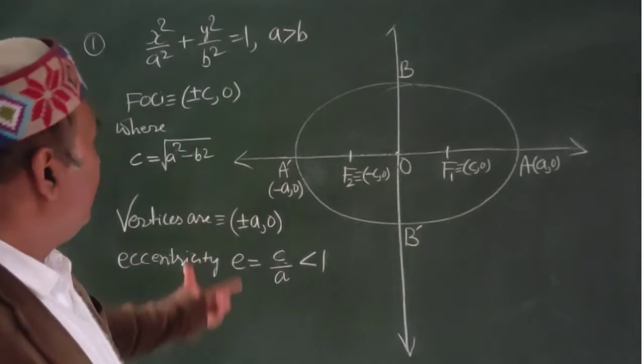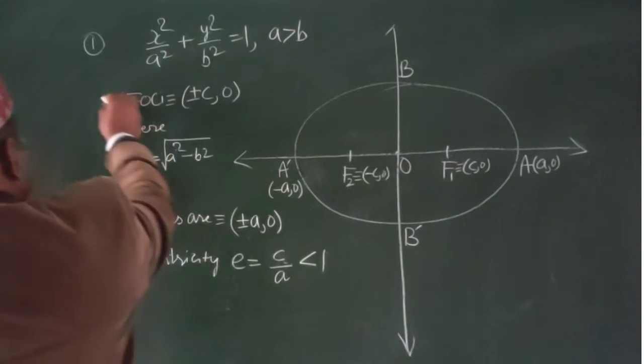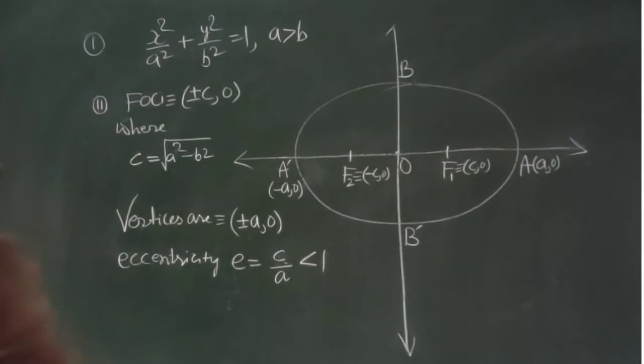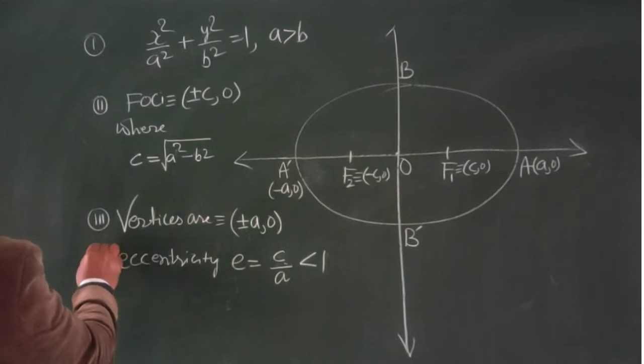So this is the formula to find the eccentricity. This is the first term, this is the second term which is used in ellipse, and this is the third term, and eccentricity is the fourth.